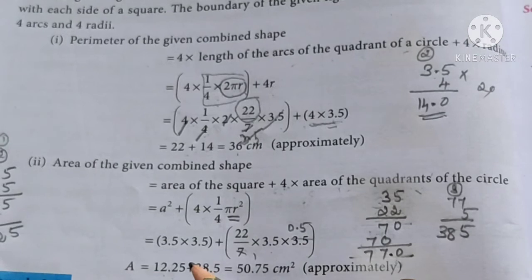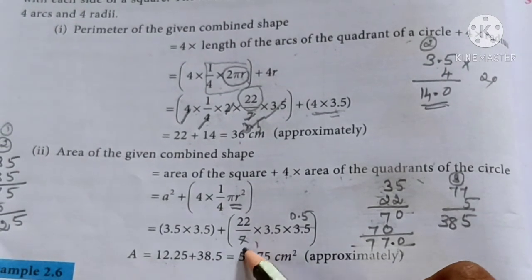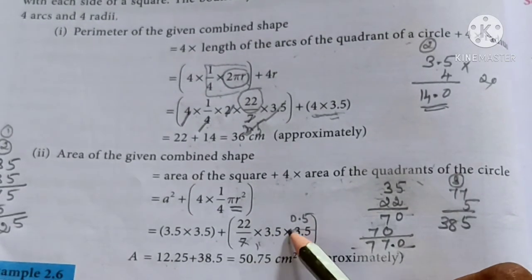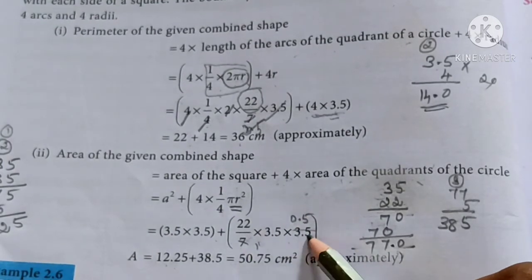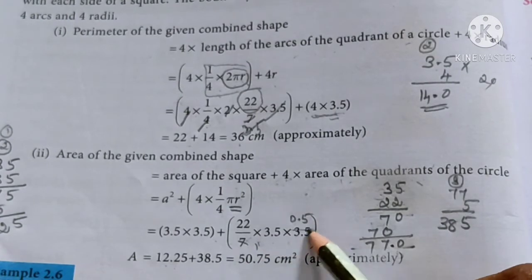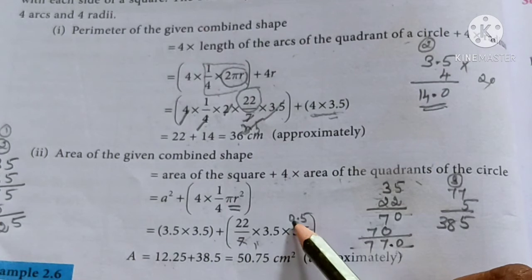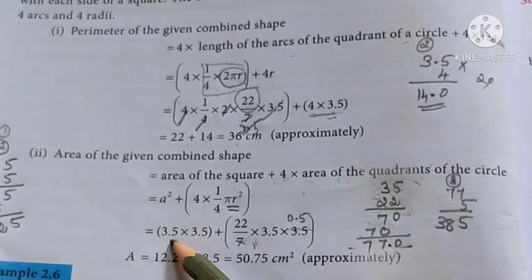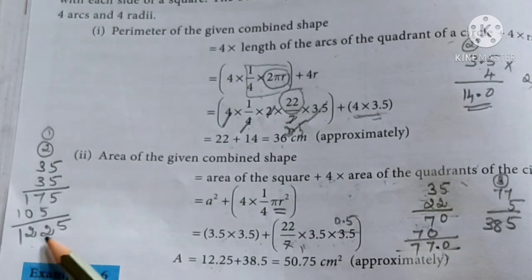Then substitute the values. 3.5 into 3.5 plus 22 by 7 into 3.5 into 3.5. So 1 seven is 7. Here you cancel 7s, we get 0.5. Because 1 seven is 7, 5 sevens are 35, but here the number is 3.5, so write 0.5. Then find the value of the products. 3.5 into 3.5, you find the product. So you get 12.25.